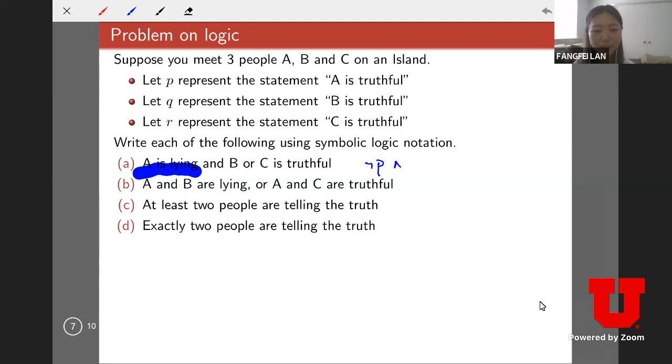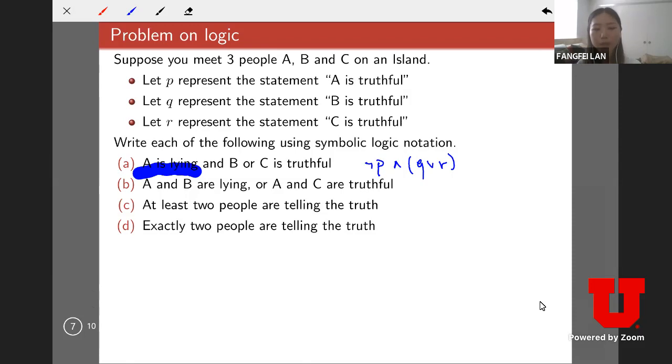Yes, very good. I see answers in the chat room. Yeah, so we have Q or R. So that gives us the first statement: not P, and Q or R.